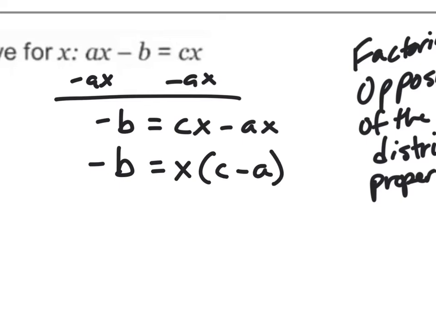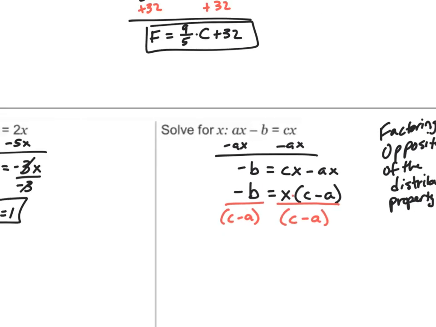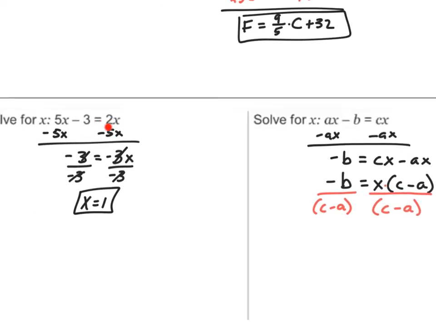So what I could then do is divide both sides by the quantity c minus a. This question might be a little tricky for you guys. Typically, in the other example, we had combined these two.